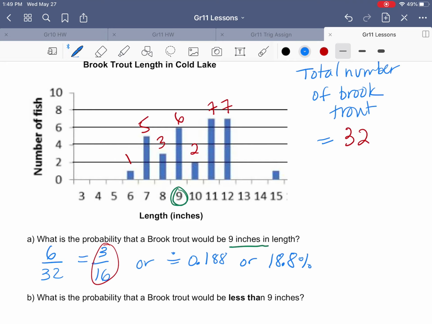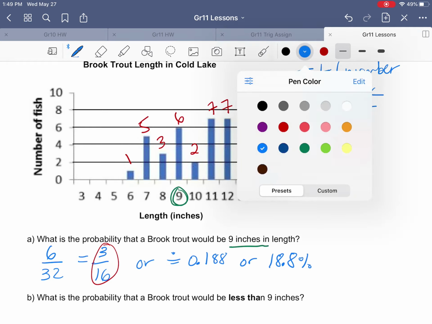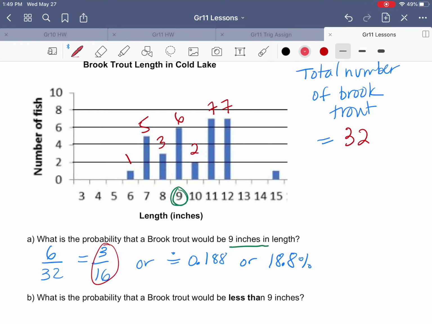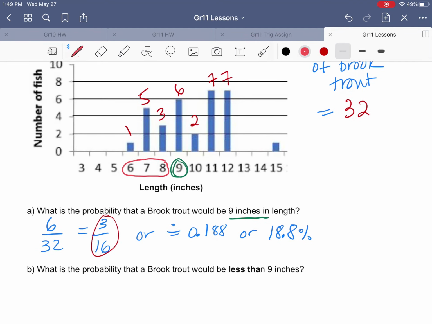Part B, what is the probability that a brook trout would be less than 9 inches? If we're talking about less than 9 inches, we are looking at those that are 6, 7, and 8, because there are none listed as 3, 4, or 5. So 1 plus 5 plus 3 gives us 9.